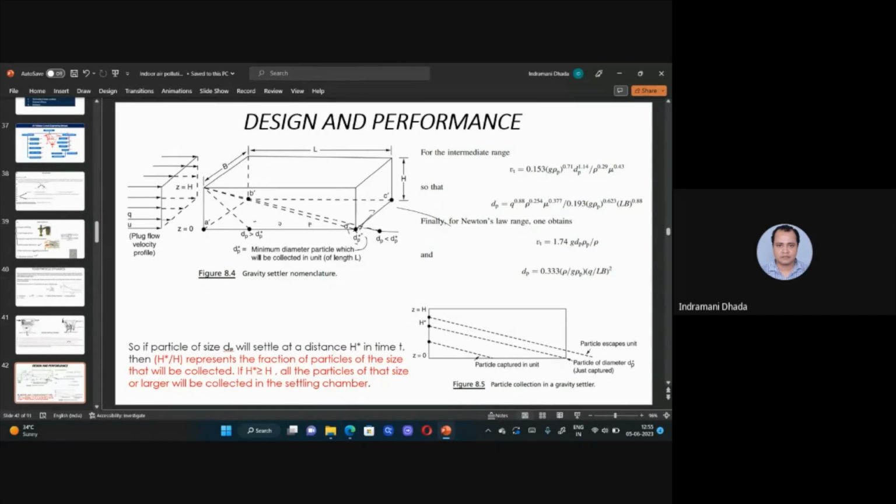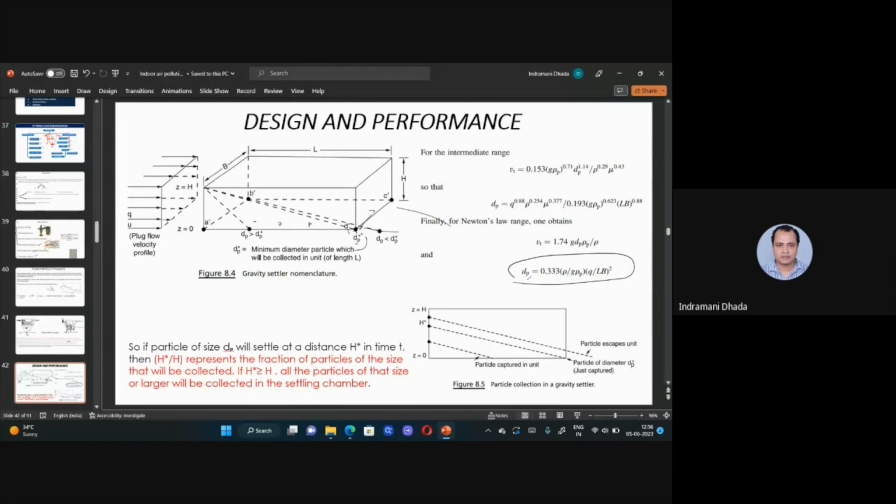Suppose the dp is here, rho is the density of this medium or gas, and rho p is the density of the particle you are targeting. Suppose there are steel particles, aluminum particles, dust, other things. You can consider their densities, and q is the flow rate, and l and b are the length and breadth of this gravity settling chamber. Based on that, you can design.